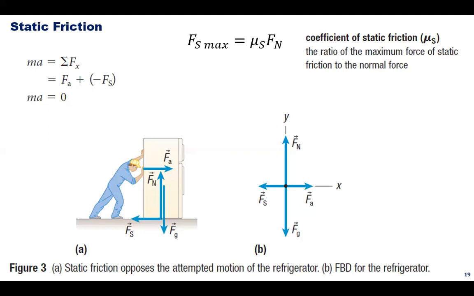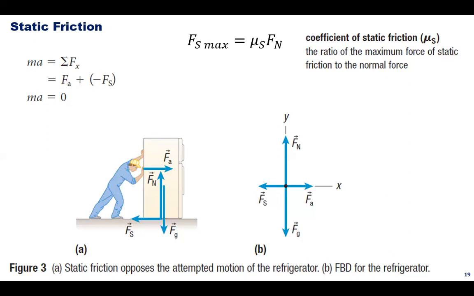The term static means that the two surfaces, the floor and the bottom of the refrigerator, are not moving relative to each other. The magnitude of the force of static friction can take any value up to a maximum of mu s times Fn. If Fa in figure 3 is small, the force of static friction is small and will cancel Fa so that the total horizontal force is 0.